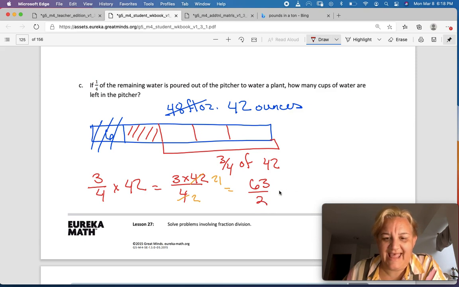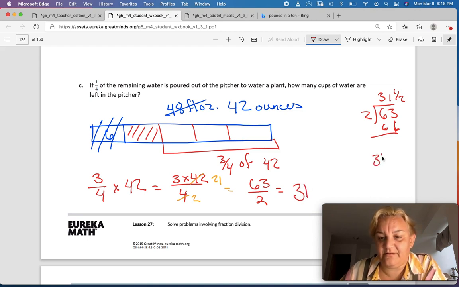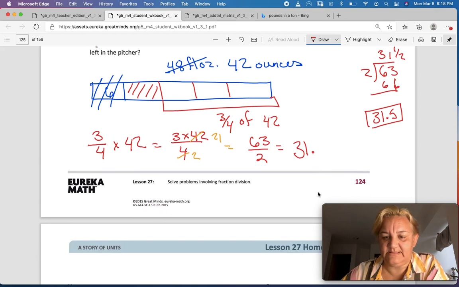Okay. And that would be 31 and a half. But I can put this into a decimal, right? You know that 1/2 is a decimal. So 31.5 ounces.